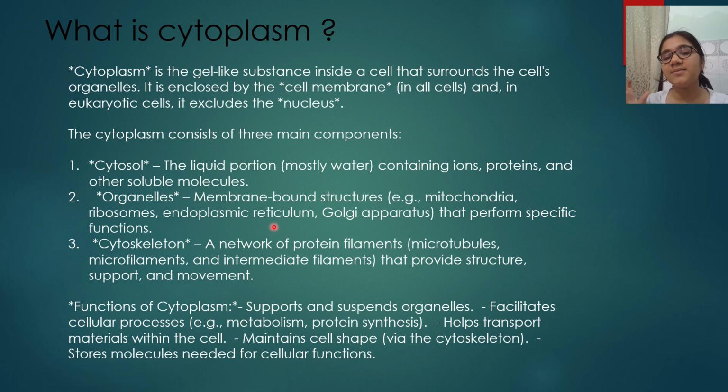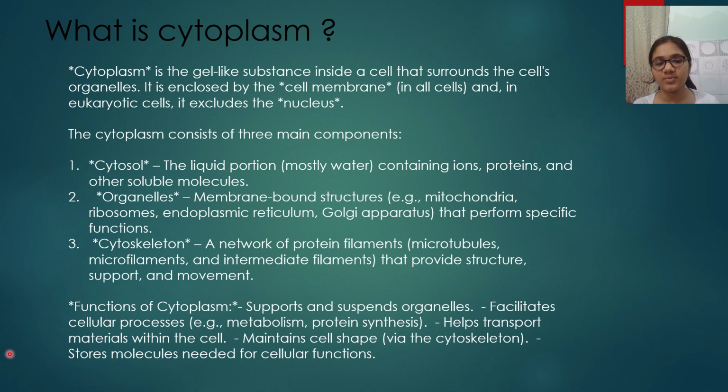Now, organelles are membrane-bound structures. Examples are mitochondria, ribosome, endoplasmic reticulum, Golgi apparatus. They perform specific functions, and these organelles also have specific structures. The cytoskeleton is a network of protein filaments: microtubules, microfilaments, and intermediate filaments that provide structure, support, and movement.